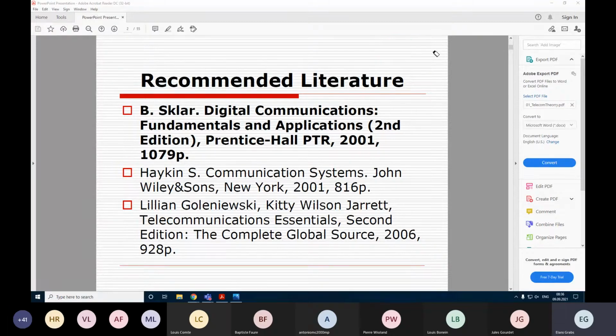But if you need additional information, you can use this very good book on digital communications fundamentals. It's written in quite simple language. There is also not too much mathematics, so you can basically understand it.